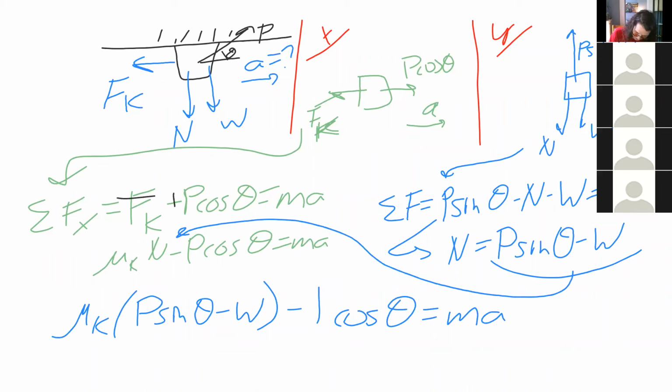Let's see, this will be positive, this will be negative. And then negative there and a positive there. That will change the answer. That'll give you a positive acceleration when you solve.